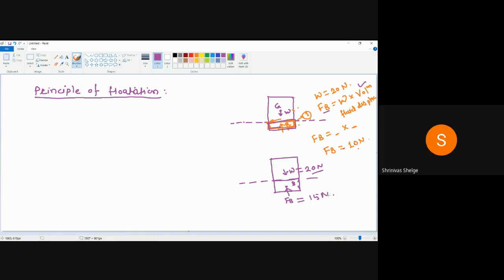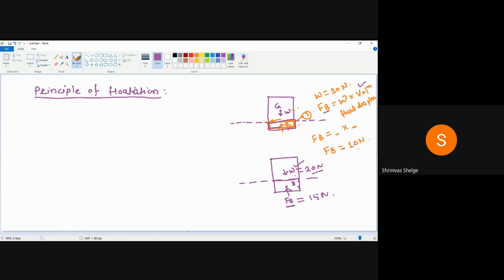Yes, when the weight of the body becomes equal to the buoyancy force. Because when the body moves in the downward direction, the buoyancy force slowly increases. At some point, you will find that the buoyancy force and the weight of the body become the same. In that case, the body starts to float.